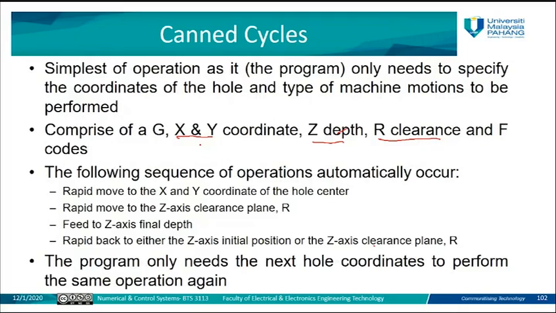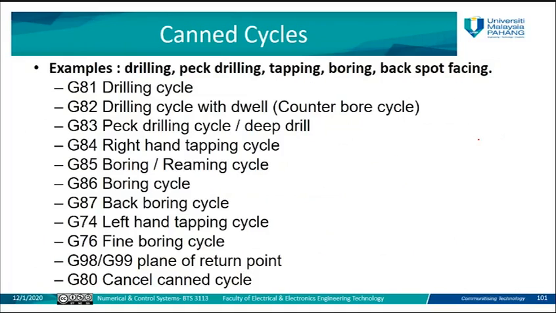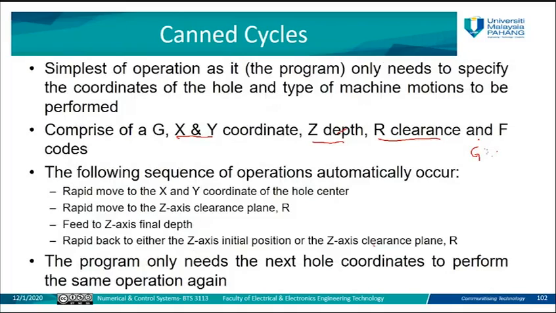First, for the drill cycle here, you are going to move to the X coordinate. We are going to use G, and here we define the value of G, which cycle we want to perform: G81, G82, G83, G84, whatever the value of G is. Then it will move to the Z axis clearance plane, the R value, depending on the R value. Then go for the depth, for how deep you want to make the hole.